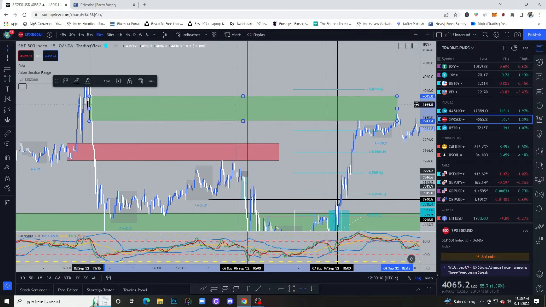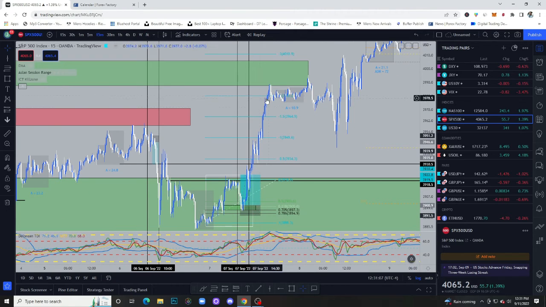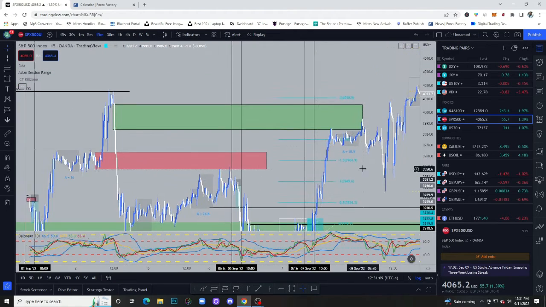Now in this case, I'm not really even looking to trade anything over here, or looking for shorts over here, because these are bearish fair value gaps, where you anticipate price to come up and basically head lower. But I'm not focusing on what's going on over here. I'm focusing on what's going on right here, right? Because I don't know what's gonna happen. I don't know which fair value gap it's gonna tap into over here.